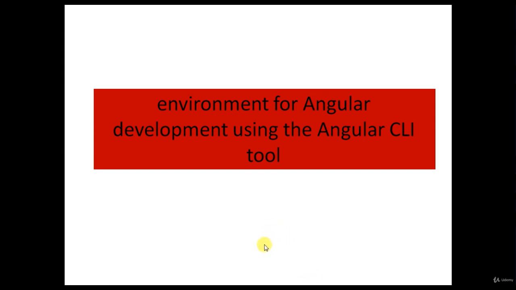Set up an AngularJS development environment. This covers the environment for Angular development using the Angular CLI tool. It includes information and prerequisites: installing the CLI, creating an initial workspace and starter app.